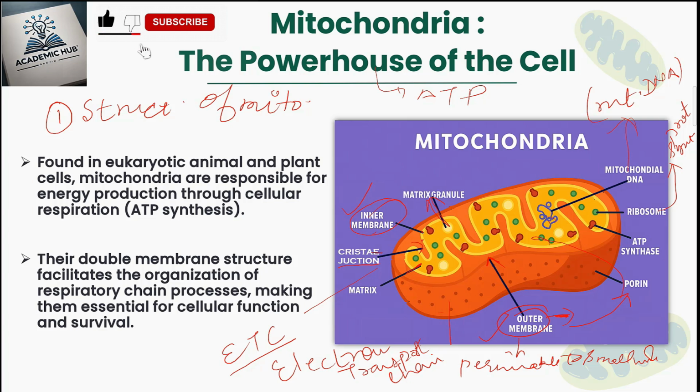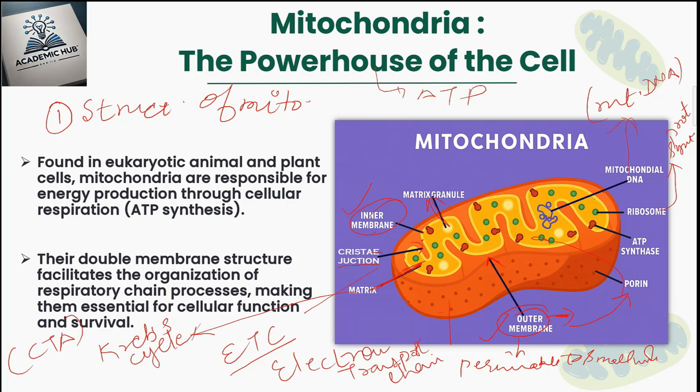Next is the matrix. The mitochondrial matrix is the innermost component of mitochondria. It houses enzymes, mitochondrial DNA, and ribosomes. These are important for carrying out the organelle's metabolic activities. The matrix also hosts the Krebs cycle, also known as the TCA, citric acid cycle.